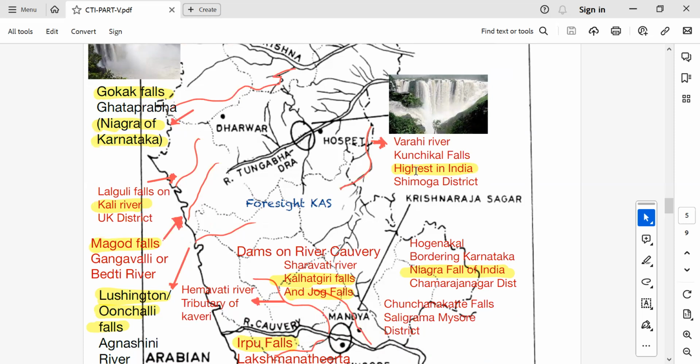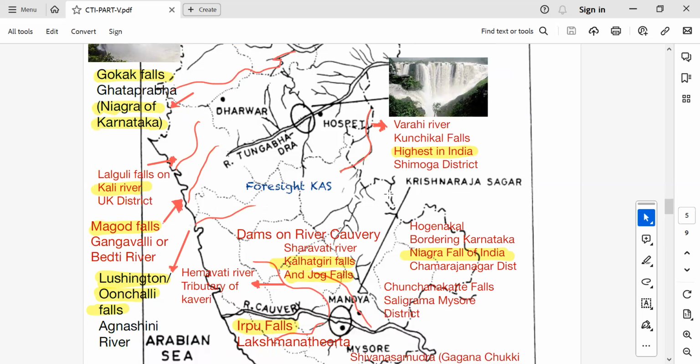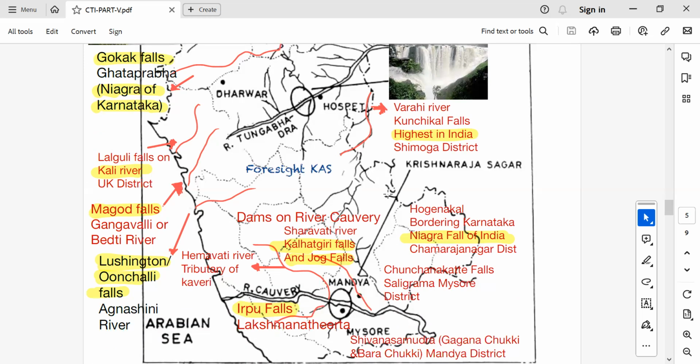There is also one fall called Kunchikal Falls, which is the highest in India, located in Shivamogga district. Very important. Please clarify whether Jog Falls or Kunchikal Falls is the highest fall in India. Somewhere we got this as Kunchikal Falls.